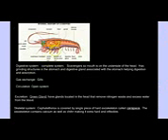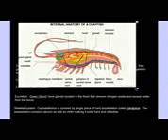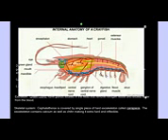When we look at the internal anatomy of the crustacean, we use the crayfish as an example. We can see a complete digestive system, a simple brain with a ventral nerve cord, a nerve cord that runs down the belly side, which is kind of interesting because in human anatomy our spinal cord runs dorsally. Conversely, they have a dorsal heart, near the back side, which is flipped from human anatomy where the heart is more towards the ventral surface.